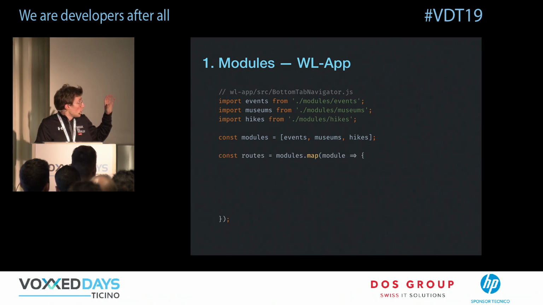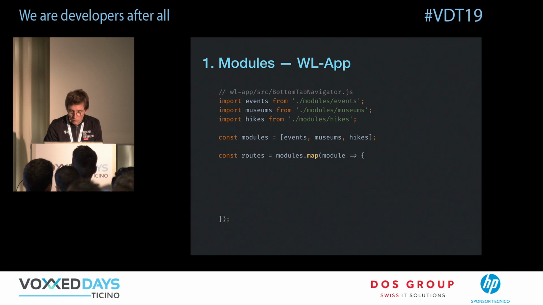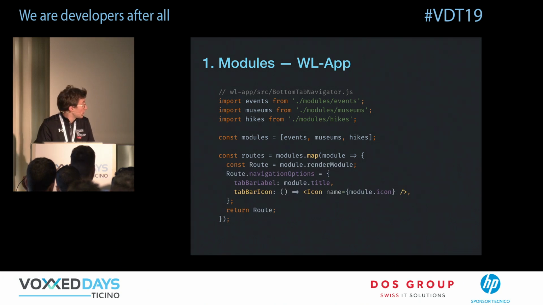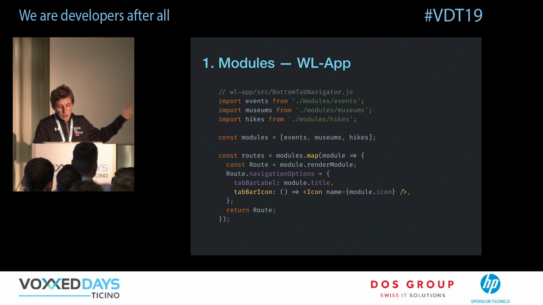So we will create the routes, one route for each different module. And what we are going to do is this. So we define the route being the actual component representing the module, and then we add some navigation options, setting the label, setting the icon.